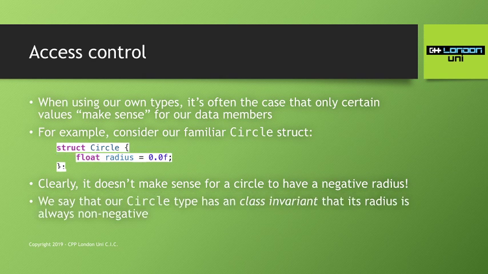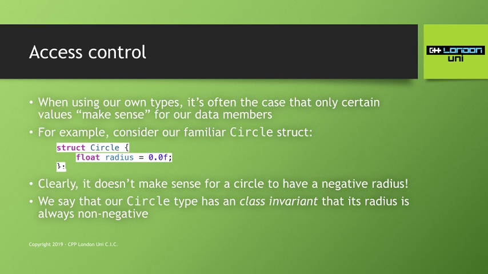Another way of phrasing this is that we can say that our circle has an invariant, a class invariant, that its radius is always non-negative. That's 0 or positive. This is something that is always true for our class, or we desire to always be true for our class. For every instance, all the time.